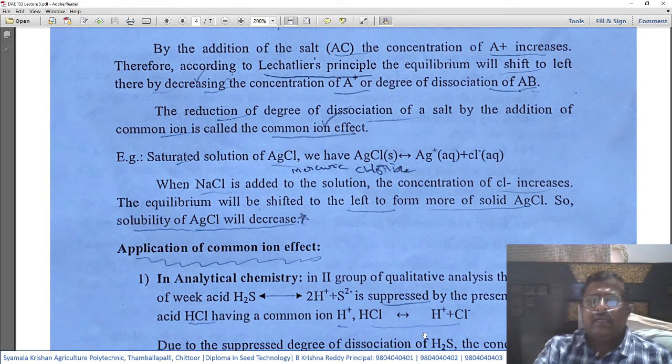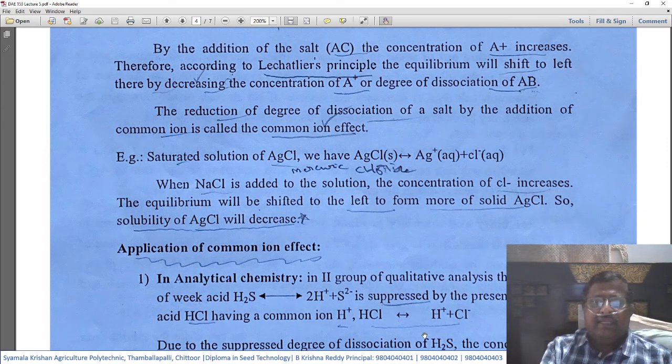The equilibrium will shift to the left. At that time, what happens? The equilibrium will shift to the left, and form more of solid AgCl. That means this formation will increase.